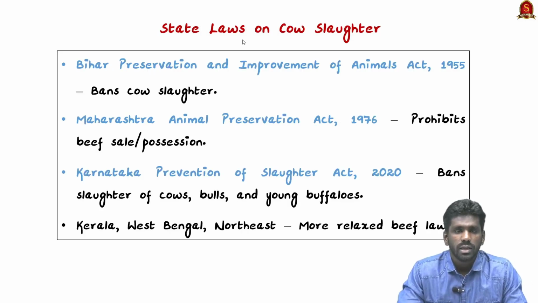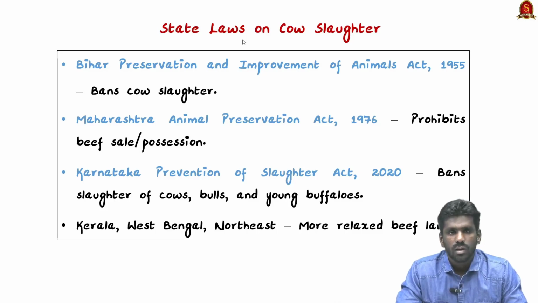Now look at this slide. These are the important state laws regarding cow slaughter. Bihar Preservation and Improvement of Animals Act 1955: this act prohibits the slaughter of cows and regulates the slaughter of other animals also. Maharashtra Animal Preservation Act of 1976: this act imposes strict penalties for cow slaughter and also prohibits the sale of cows and consumption of beef.